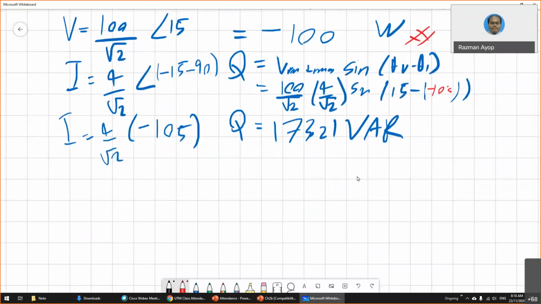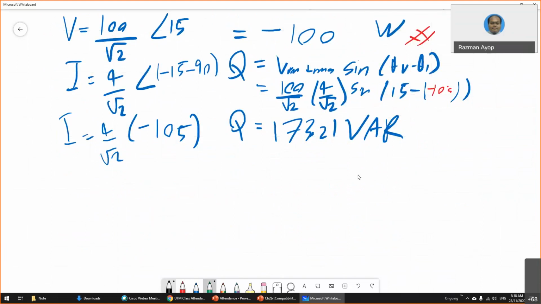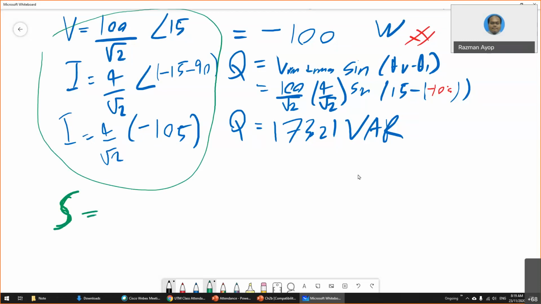The second method you can use is the complex power. You can continue from this. But now, instead of using P equals cos and Q equals sin one by one, you can use a complex power. Because you have V and I, use V I. Don't forget the conjugate. When V is present, make sure you conjugate the other component.